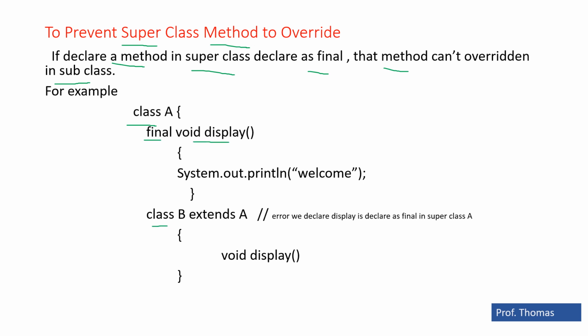If another class B extends A and tries to create the same method void display, it will show an error during compile time, because we have already declared that method as final in the superclass.